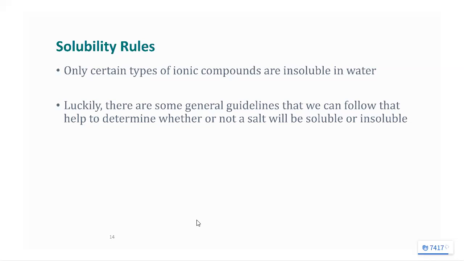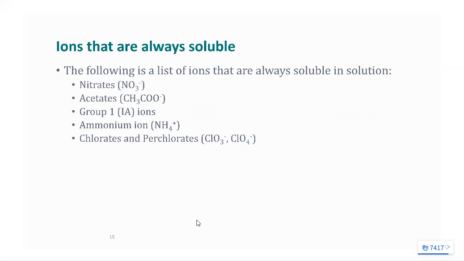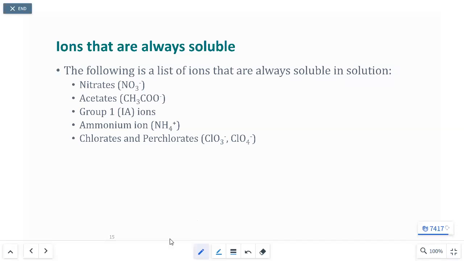So the solubility rules fall into basically three types of categories, starting with the stuff that's always soluble. If you have an ionic compound that contains an ion off of this list, that compound will dissolve in water. What we are talking about here are nitrates.